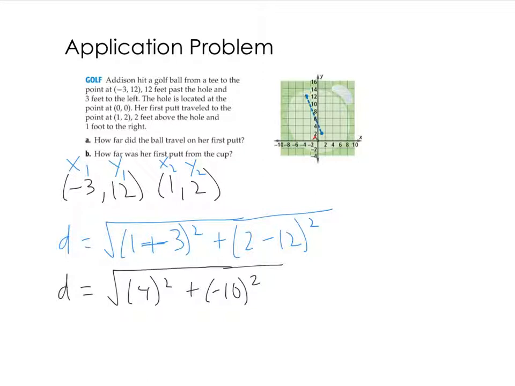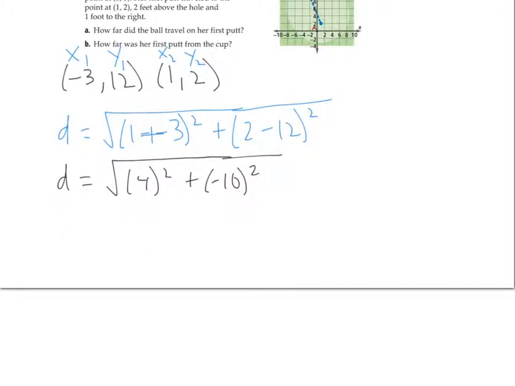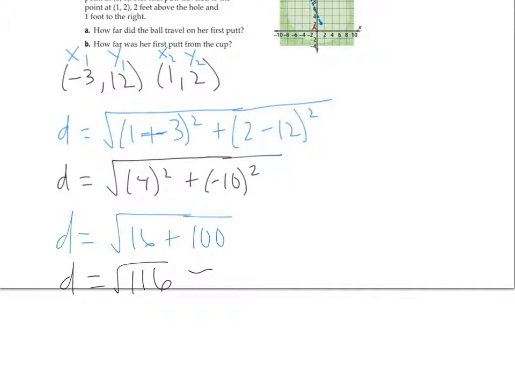And now I'm going to simplify again. Distance equals 4 squared is 16, plus -10 squared is 100. So distance equals the square root of 116, which I'm going to simplify 2 different ways right now. That is roughly, rounded to the nearest hundredth, 10.77 feet. Or let's break this radical down.